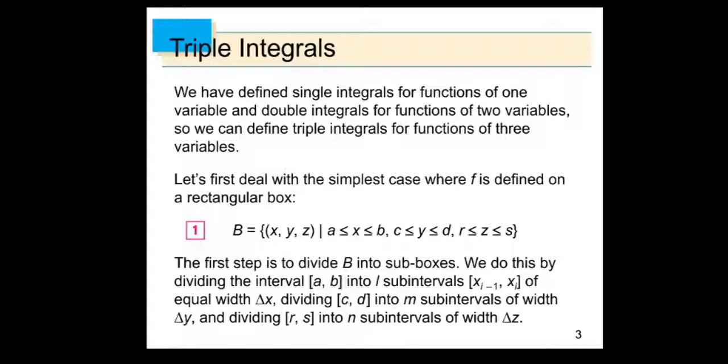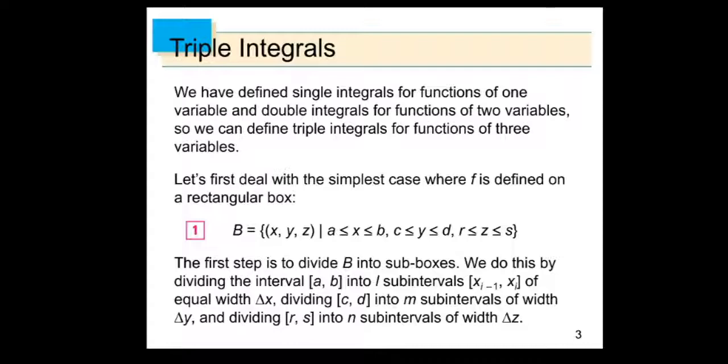We do this by dividing the interval ab into l intervals, so x_{i-1} to x_i for equal width, that would be our delta x, right? And dividing cd into m intervals of width delta y, and dividing rs into n intervals of width delta z.